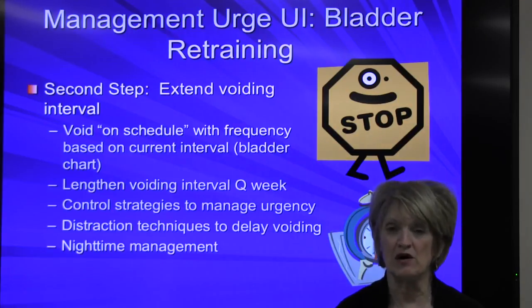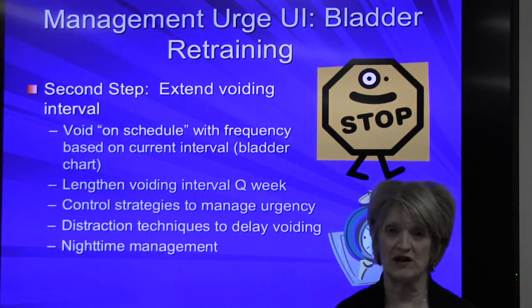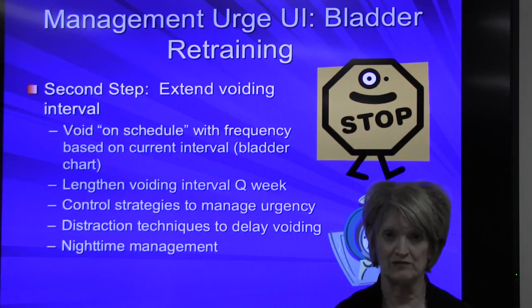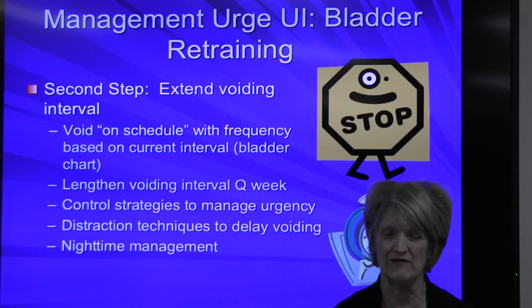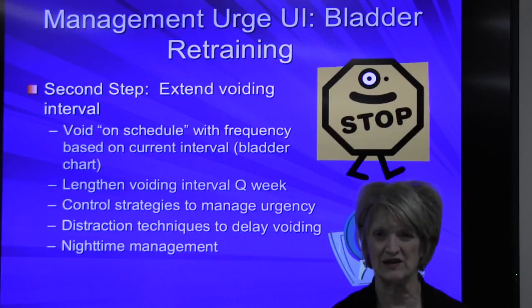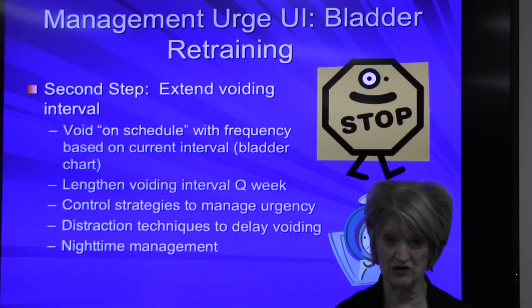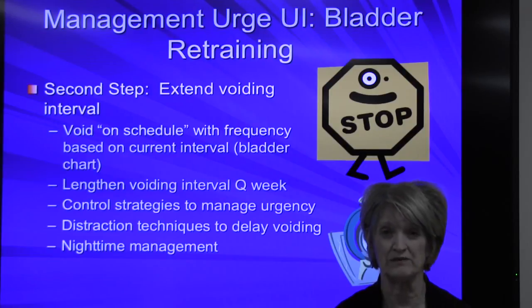Okay, step number 1, teach me bladder control strategies, mind over bladder. Secondly, you want me to start extending my voiding interval. So let's say that right now I'm voiding every hour to hour and a half. And I really want to get to at least 3 hours. Okay, how am I going to get there? Well, first I have to be able to control urgency, so we just did step number 1.